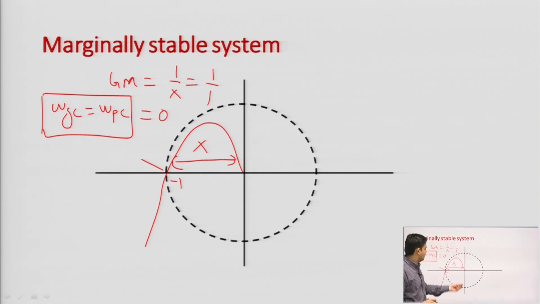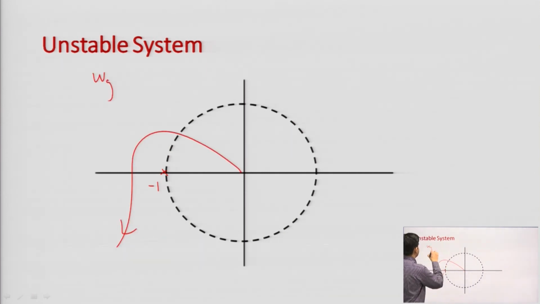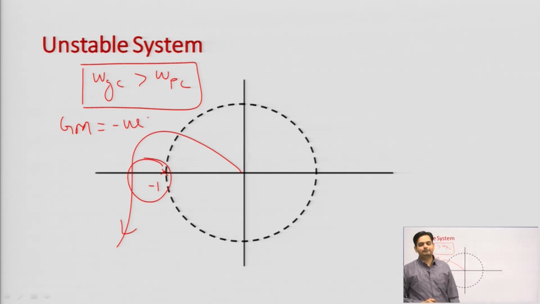So when the polar plot intersects -1, this is a marginally stable system. In the unstable case, the polar plot exceeds -1, and omega GC would be greater than omega PC. My system would be unstable and my gain margin would be negative. It means I have to reduce the gain by this value to make my system stable.